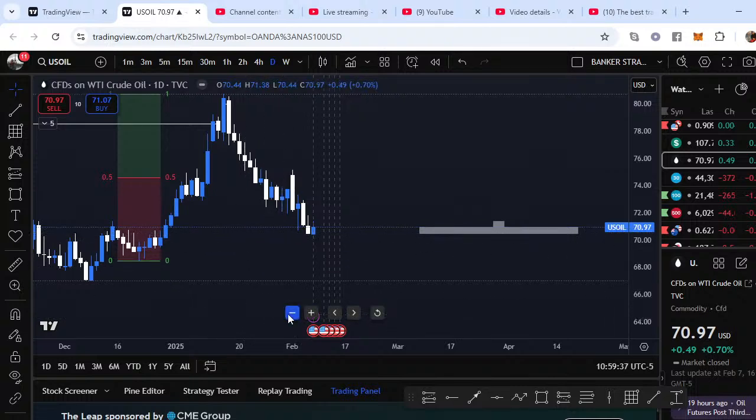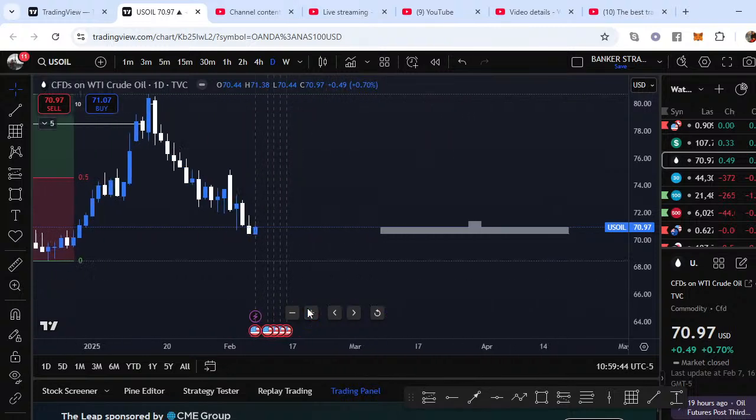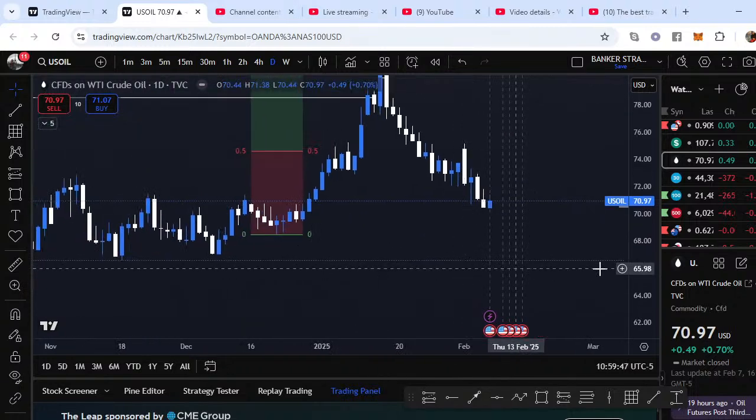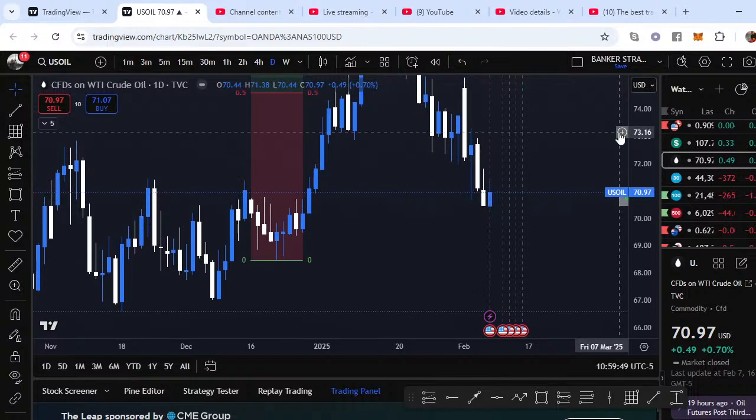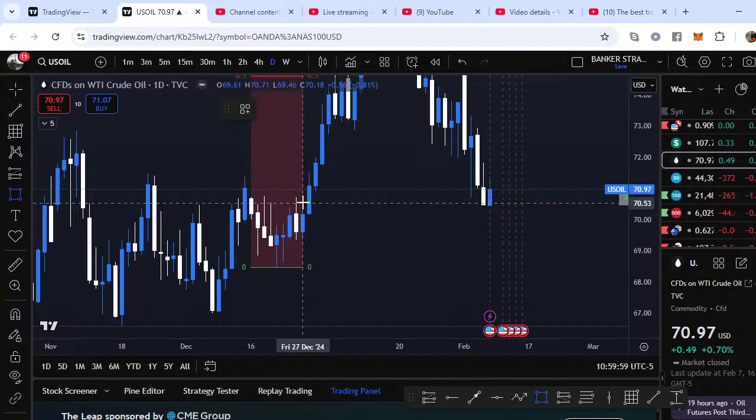All right, well, let's see. Here we have a fair value gap. For those who don't know what a fair value gap is, you see a gap between the wick of this blue candle here and the down part of the wick on the next candle here.